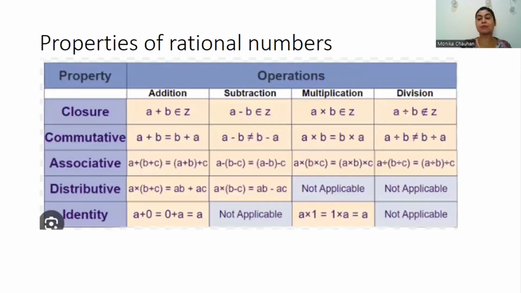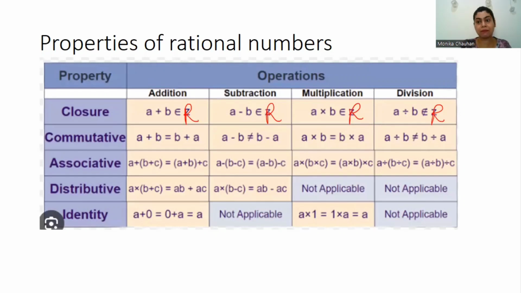Now, next part is properties of rational numbers. This is something really, really important, because you are going to learn this today with me and understand what it means, all of them. So we will learn the properties of rational numbers under 4 basic operations. Now, what are operations?